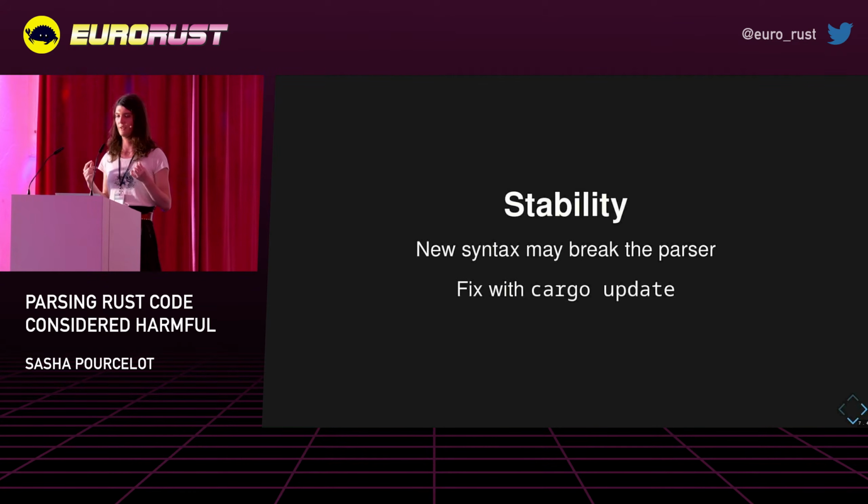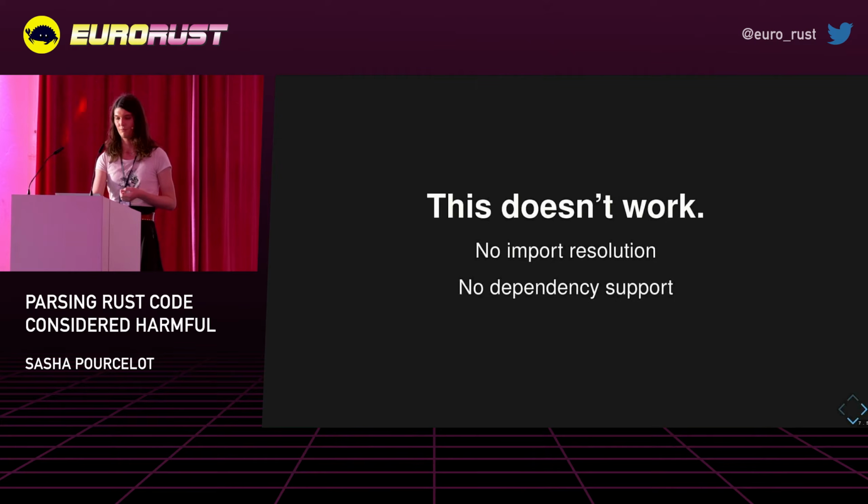Especially, this is not even required because syn has very nice fallback modes where if it detects something it can't parse at the item level, then it will just stop and give the whole tokens as if it failed to parse. And nothing can ever break in this way.